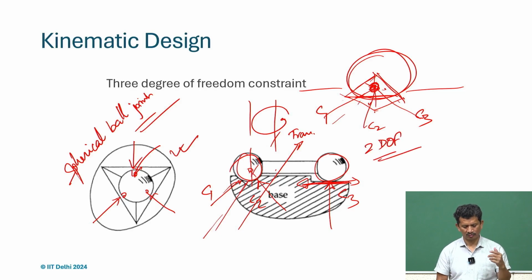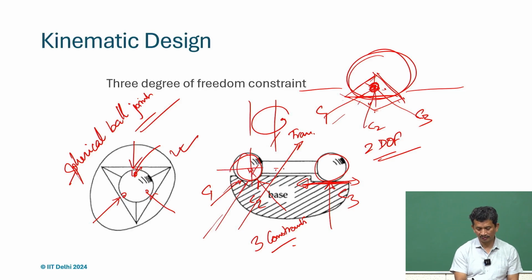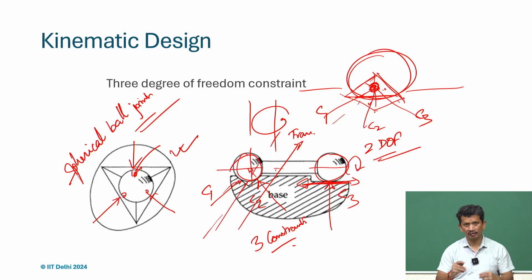So, 1, 2, 3, 3 constraints. We said 2 DOF. Where is the additional one? We need to have 3 DOF. Another one is just the rotation along that axis.